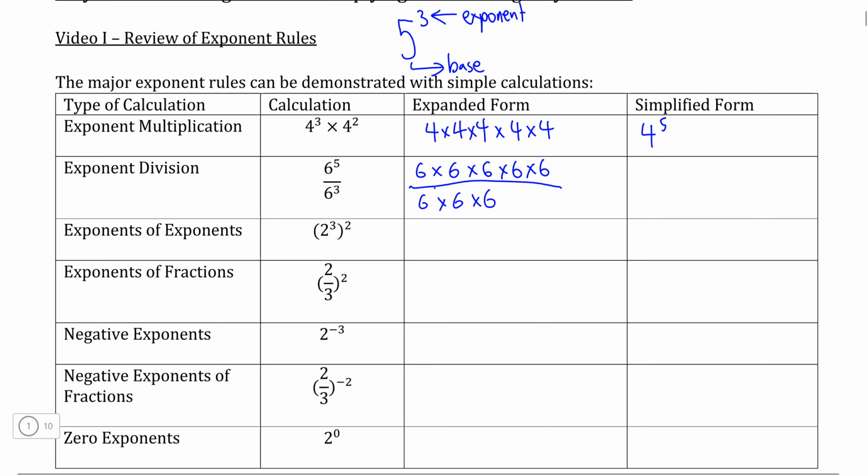Now, we can simplify this because any time we take any number and divide by itself, we can write this as 1, meaning that we can cancel the numbers that appear in both the top and the bottom of the fraction, because these just become 1, and multiplying 1 by anything doesn't change the other number. So we cancel these pairs of 6's, leaving us simply with 6 times 6, which we can write as 6 squared.